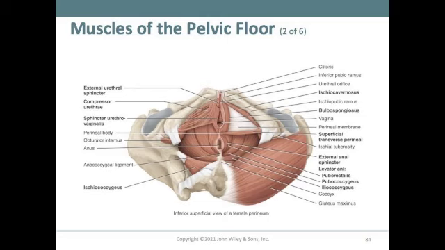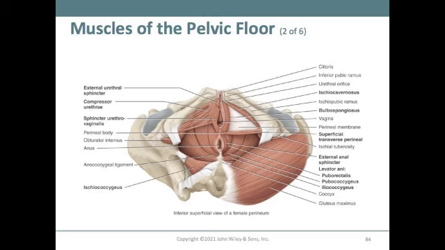So here we see the muscles of the pelvic floor, figure 11.12, and this is female here, and you can tell that because of the opening here called the vagina. You can see that there's a number of muscles that go around this that make up the pelvic floor. They're the same muscles, but the arrangement between the sexes is a little bit different.